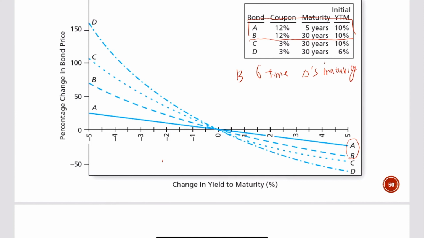Now let's say the interest rate increases from 0 to 5. Now you can see that bond A's price, we don't have an exact number here, but I think A's price decreased by, what number should I choose here? Maybe 20, right? So decreased by 20%.